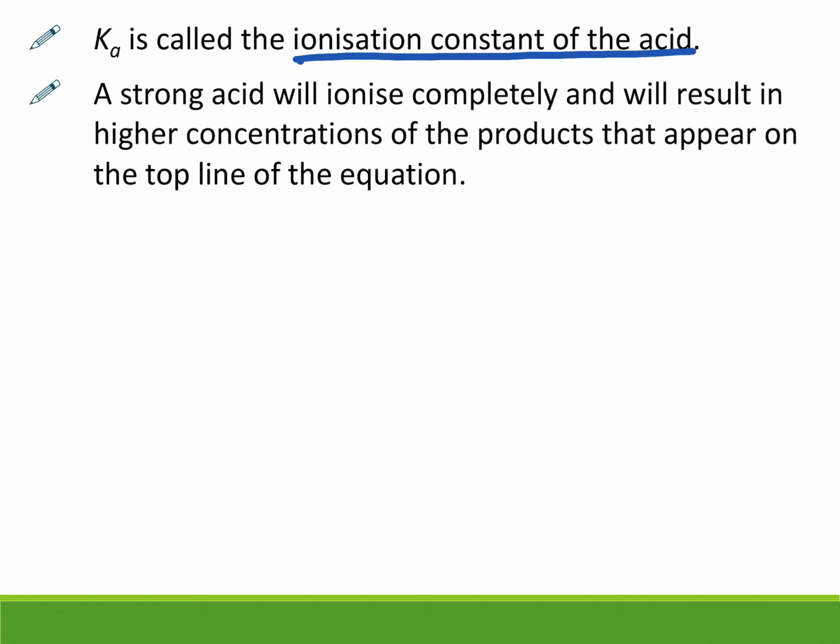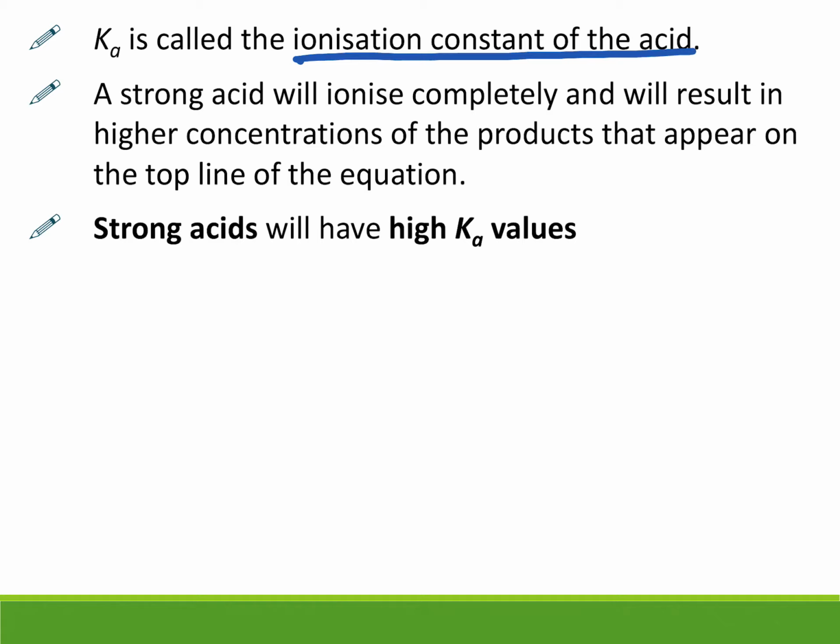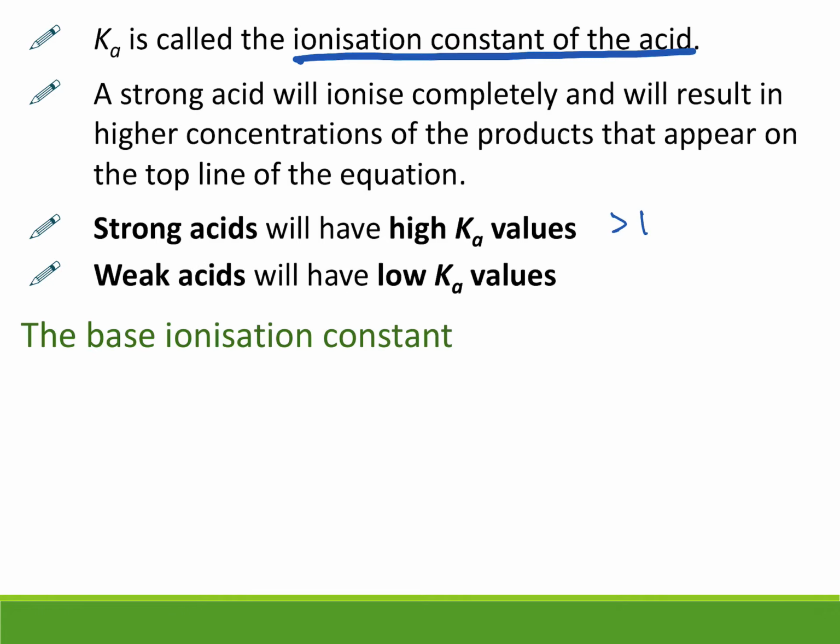We will assume it's complete ionization because it's easier for our calculations, okay? So strong acids will have a high Ka value. In other words, the Ka value will be greater than 1 because it means we have more product than reactant. Weak acids have a low Ka value, which means the value is going to be less than 1 because we have more reactants, and that's at the bottom.